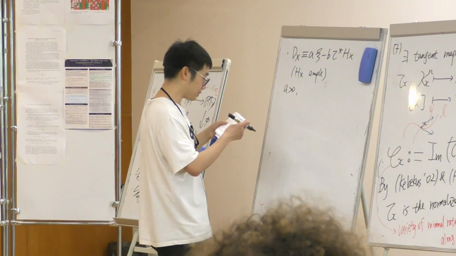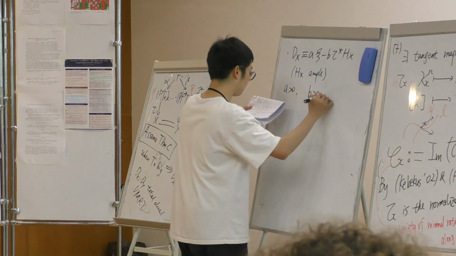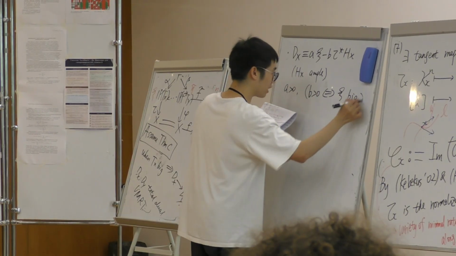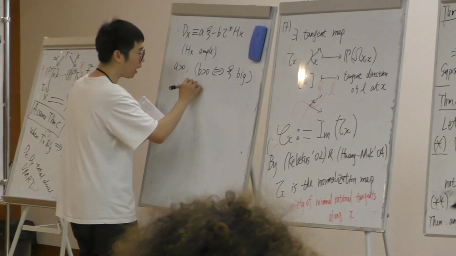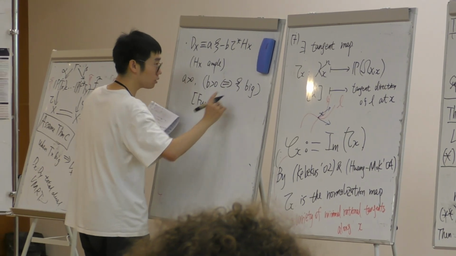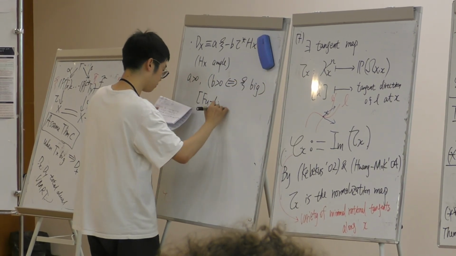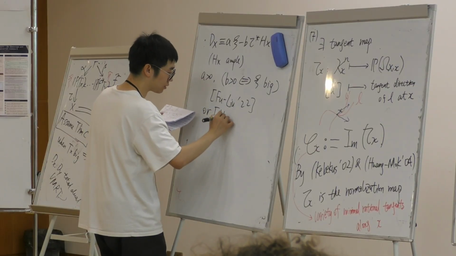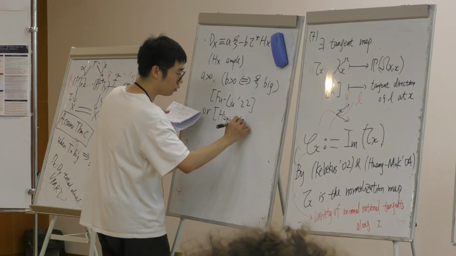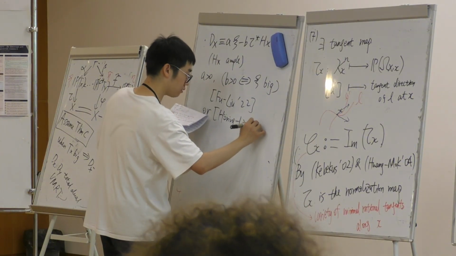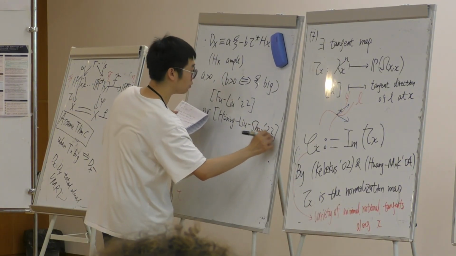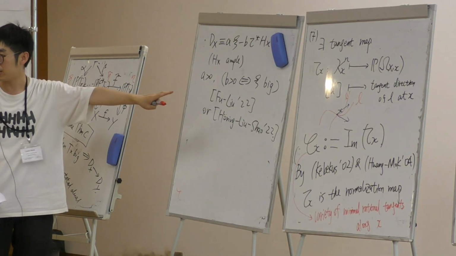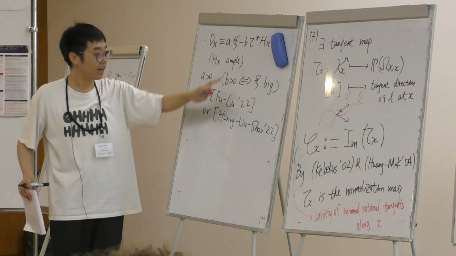And the second thing is B is positive if and only if xi is big. This is due to Baohua Fu and Jie Liu in 2002, or another joint paper of Andreas Höring, Jie Liu and Feng Shao in 2002. It tells us that if the tangent bundle is big, then this B is positive.